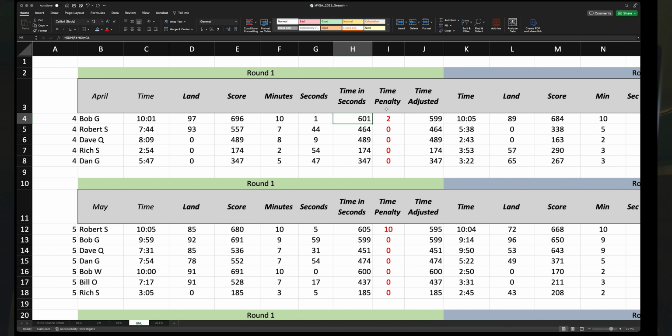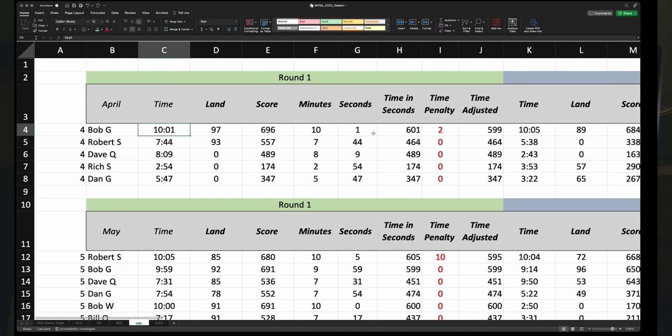The problem is we have a time penalty for this particular flyer because he went over by 1 second. And so we're going to take his score right here. Hopefully you guys can see this. I'll zoom in a little closer. We're going to take his score right here, which is 10:01, 601 in seconds. And we're going to give him a 2-second penalty.